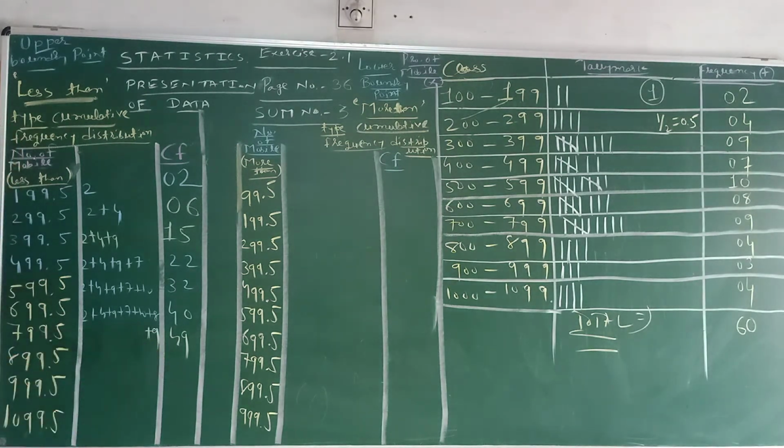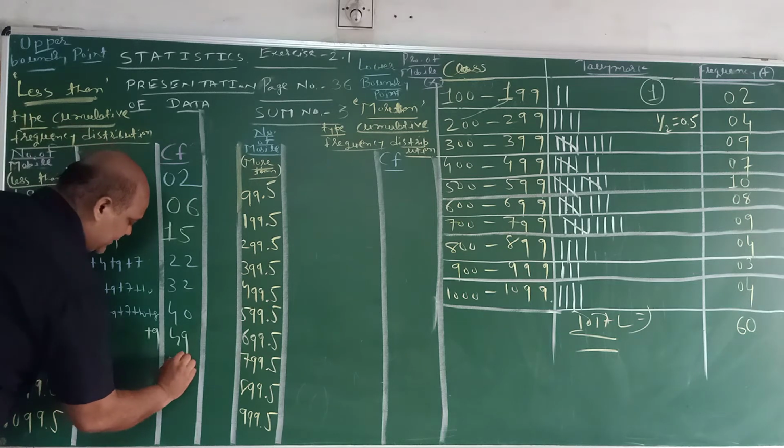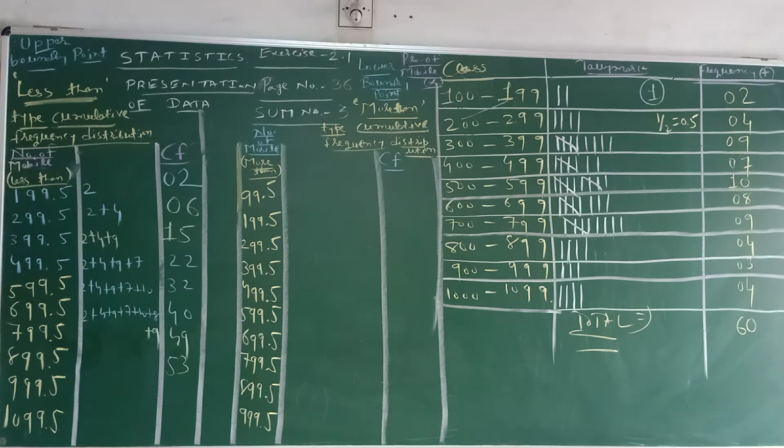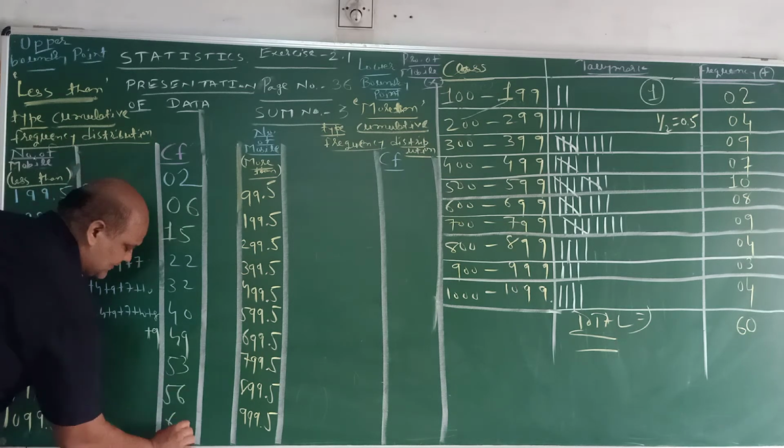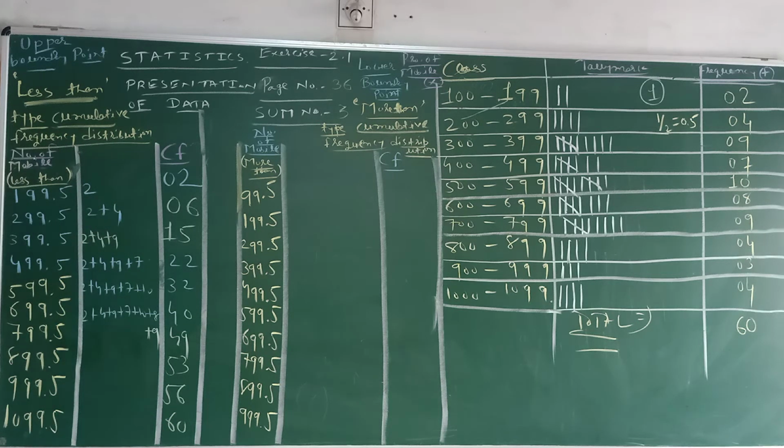After that add 4, 49 plus 4, that is 53. Then add 3, 56, and at last add 4, that is 60.